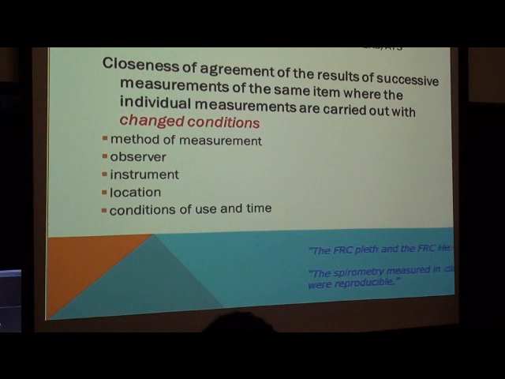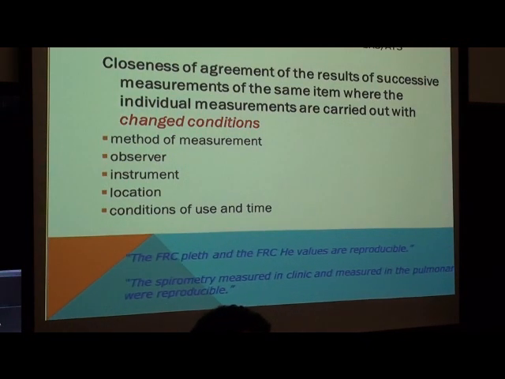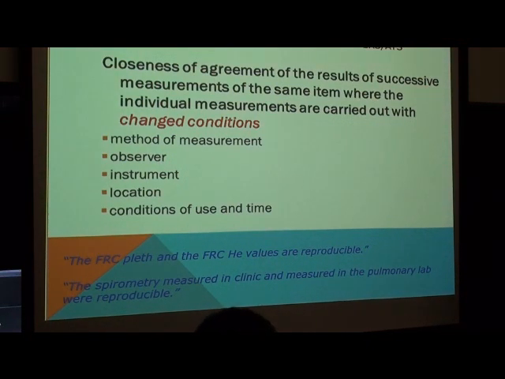The term reproducibility, the old term that we used to use a lot, refers to measurements made over different conditions. The most common example is when a patient comes here at one point in time and then comes here at another point in time. But in our instance, as we just discussed, we're really talking about changes in location as well.